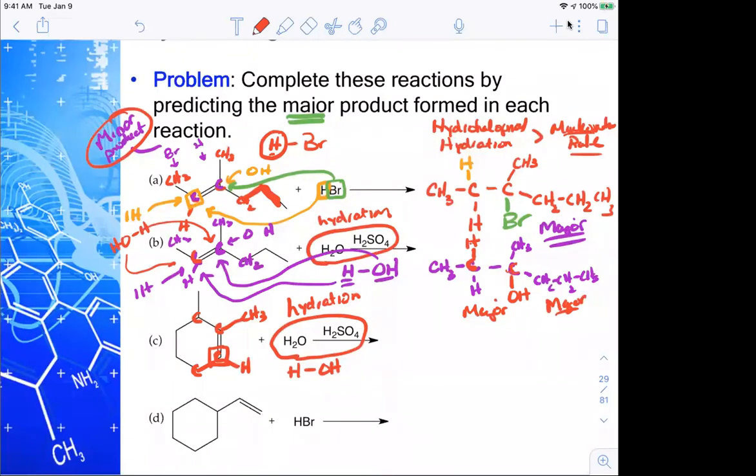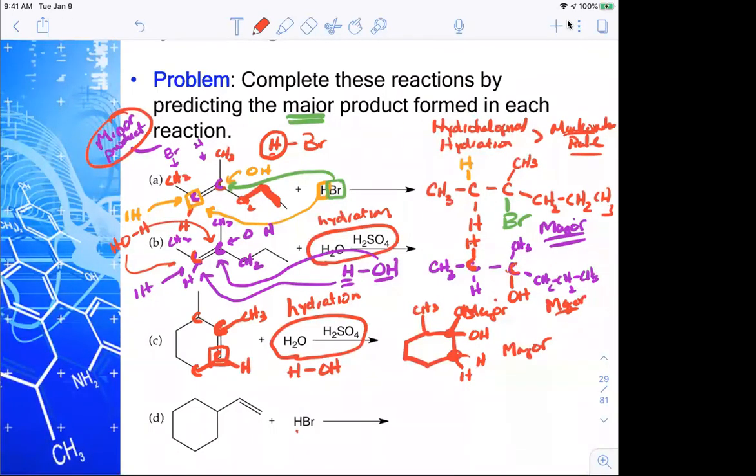So when I think about that, I'm going to draw everything the way it is. This is the CH3. My H ends up there, and my OH ends up on this carbon. So this carbon is where my oxygen adds, and then this carbon is where my hydrogen adds. And this would be the product, the major product.